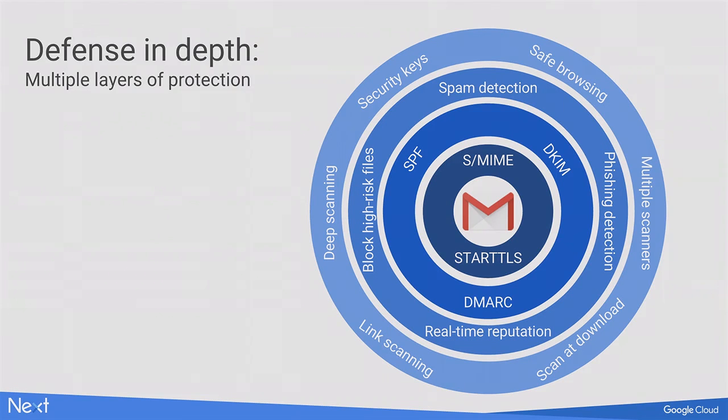So to summarize, today we gave you a picture of some of the protections that we build around your usage of email in Gmail and G Suite. This is an area that is very important for us, and we're going to keep investing in it and improve those protections.